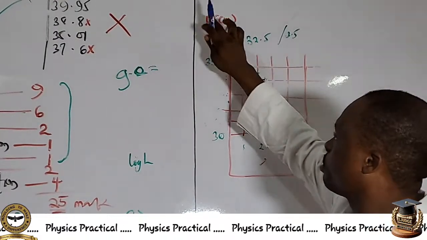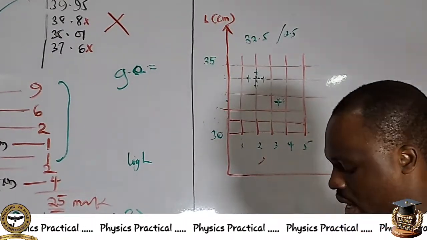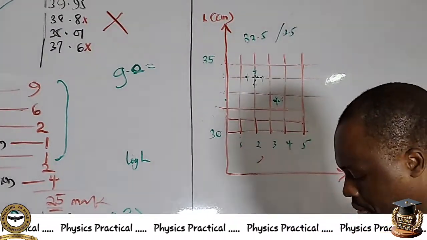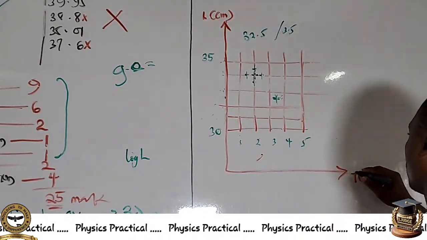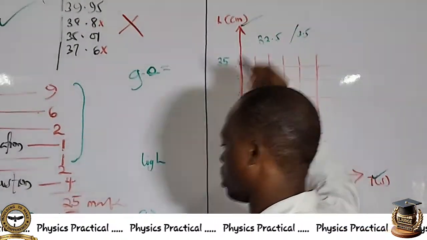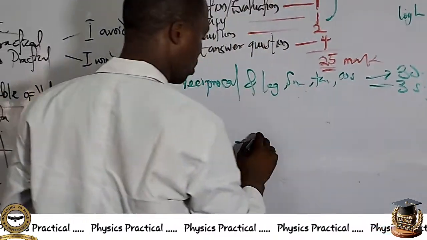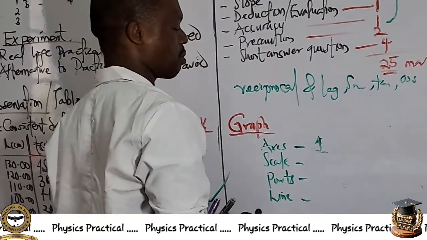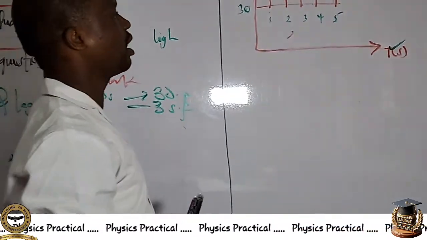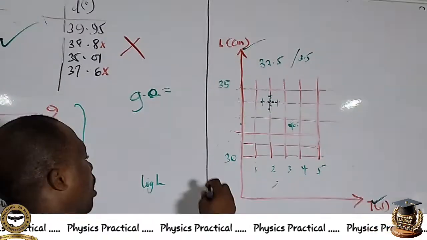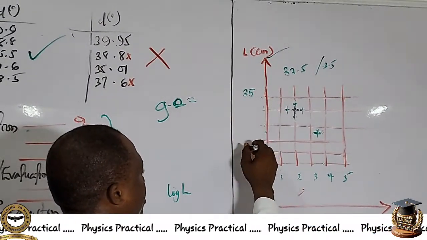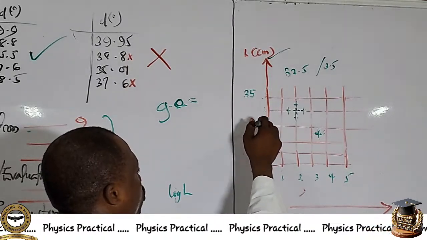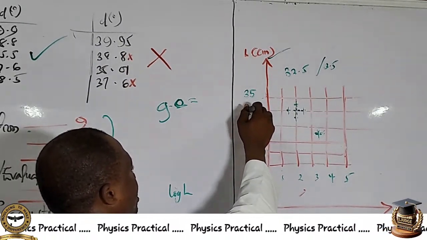So for this one, this is half mark, this is half mark. So I get 1 mark here. For the scale, what we check is, where I put 30 here, I count this place as 31, this place 32, 33, 34.